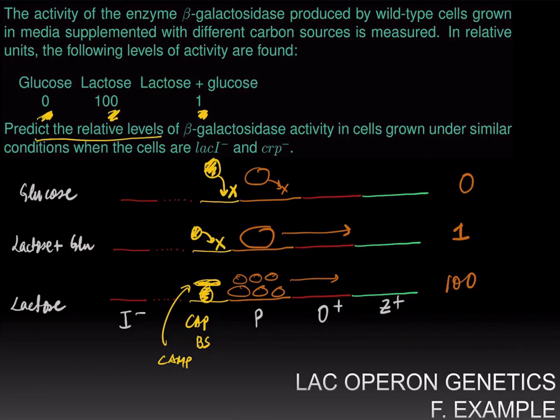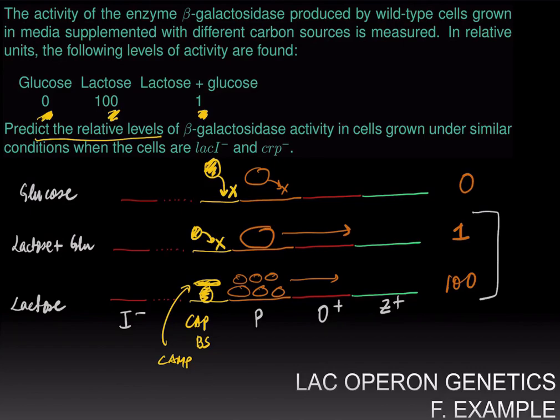And what that implies in turn is that the picture does not change very much for these two conditions, since in the wild type there was a repressor, but the repressor was not able to bind the operator site due to the allosteric transition caused by allolactose.